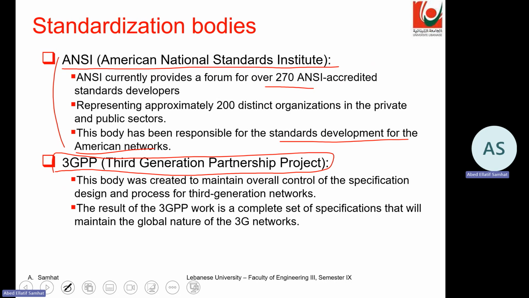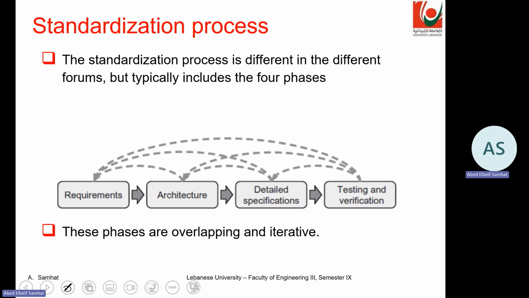Within the 3GPP, we have ETSI, we have ANSI, we have a lot of organizations, and a lot of mobile network operators and mobile network constructors like Nokia, Ericsson, Orange, Vodafone, and so on. The objective was to bring them together in order to work on a complete set of specifications that will maintain the global nature of 3GPP, and they also continue with the other generations.